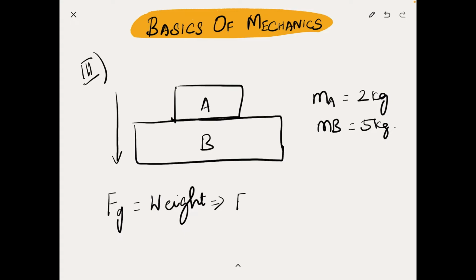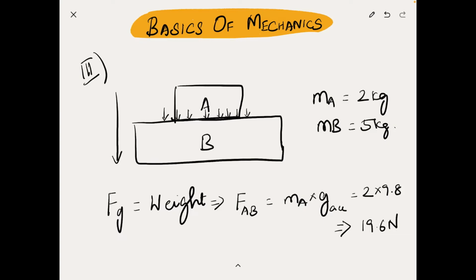So the force from A to B would be equal to mass times acceleration due to gravity, which is 2 times 9.8, roughly 19.6 Newtons. So A will exert 19.6 Newtons of force on B.